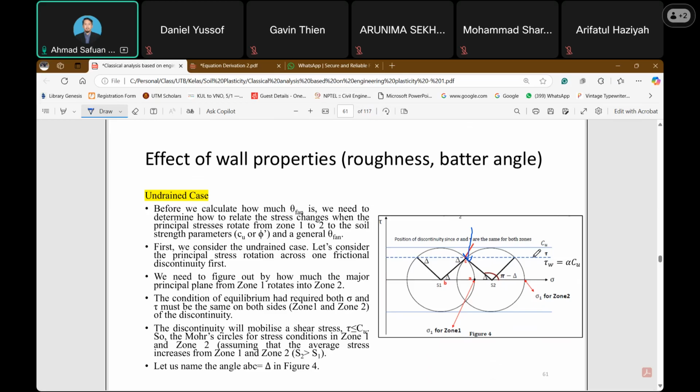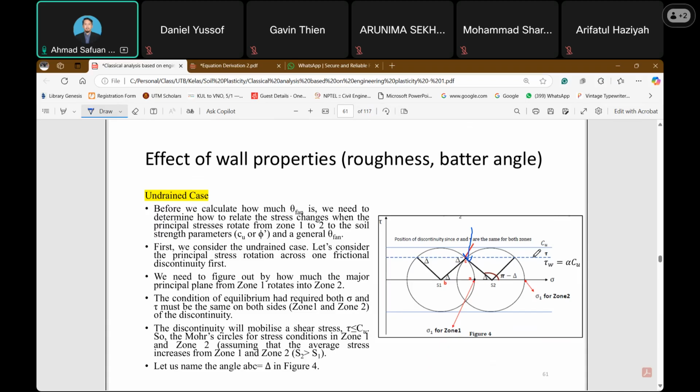It is less than the maximum CU value, so that is the alpha there, in order to estimate what the tau value is. Usually it should be less than the CU.